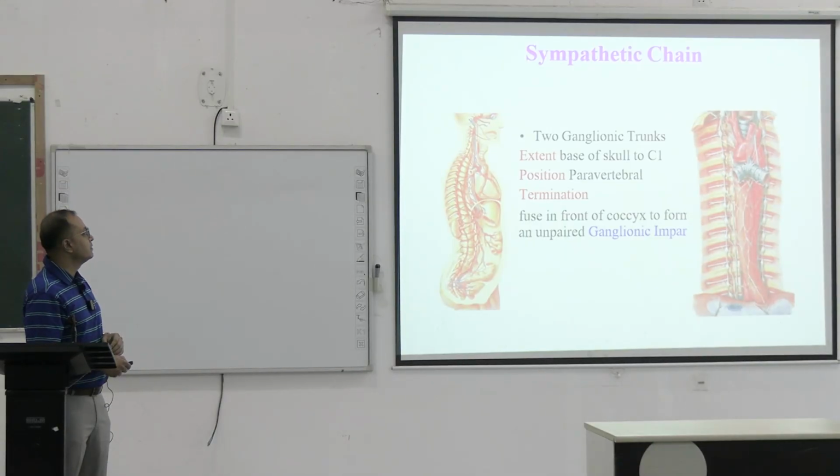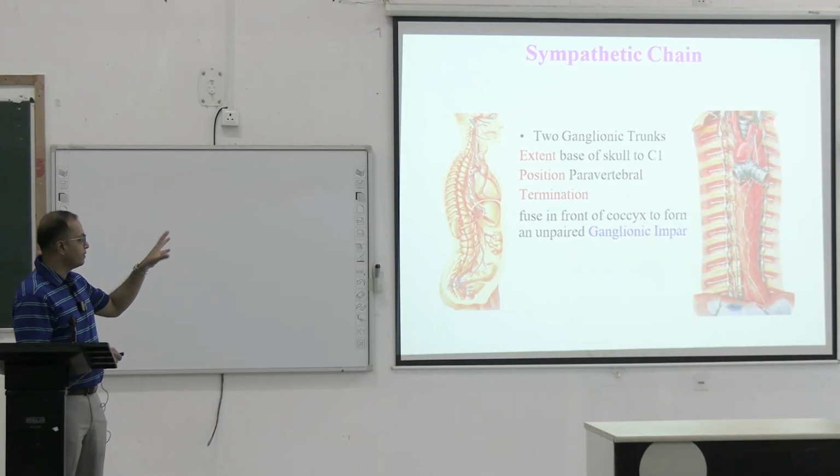In total, this sympathetic chain exists from the occipital region, the base of the skull, to the coccygeal region, on the right side and the left side, and eventually they join at the bottom at the coccygeal region, making a final ganglion. We call it the ganglion impar. But this is the outlook.